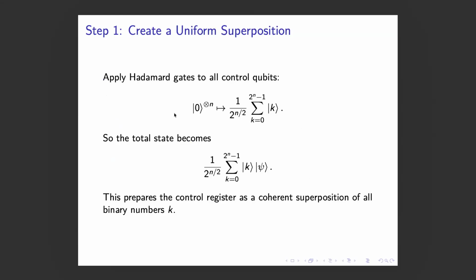So you would apply Hadamard gates to all control qubits. The total state, this 2 to the n, is a loop over all the possible configurations, all the possible states which can be realized. By the Hadamard gate, we have a superposition of all the control qubits which are initialized to 0.